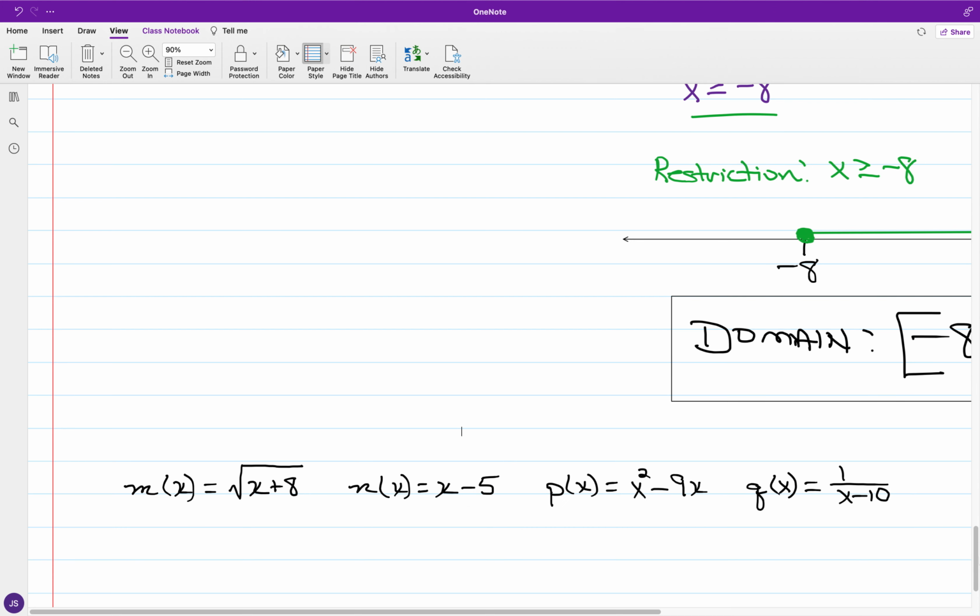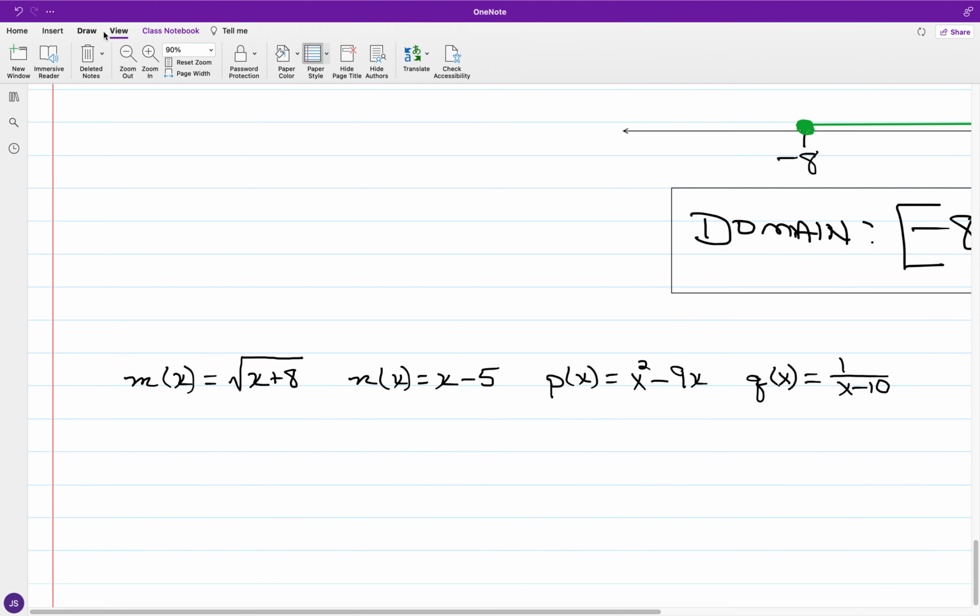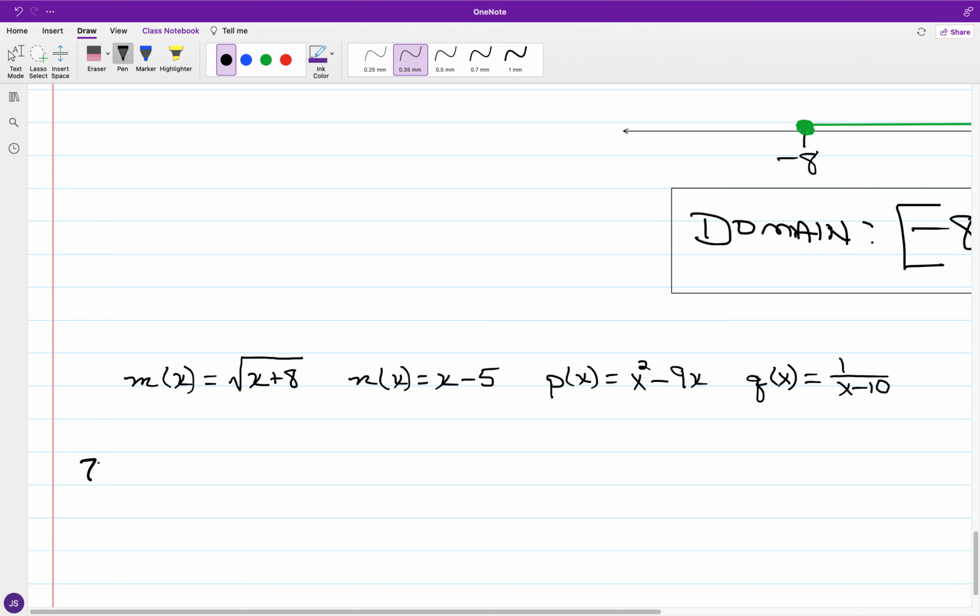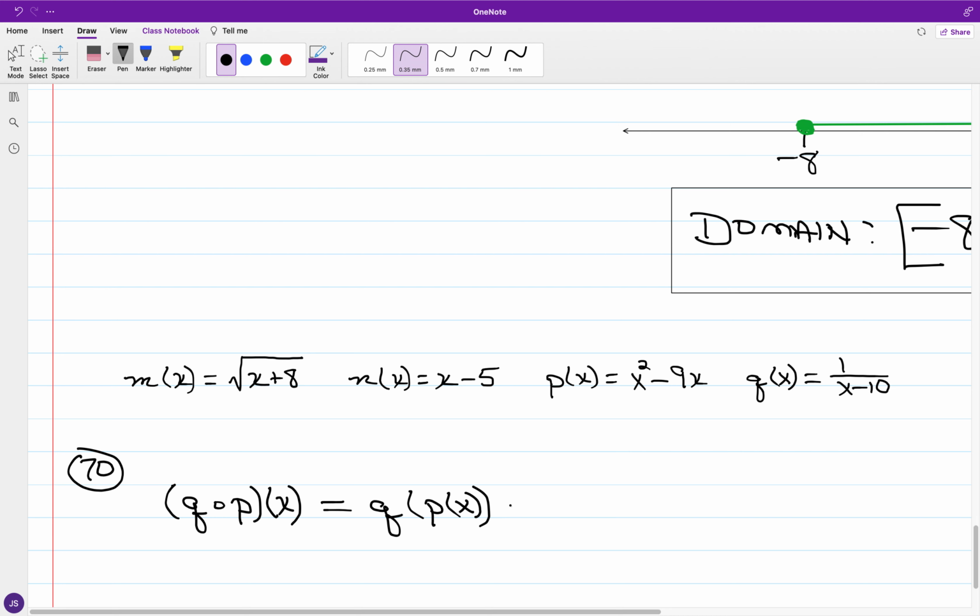In the case of 70, we have Q composed with P of x. So in formation, we have Q of P of x. Specifically, the input is P of x, which is x squared minus 9x.